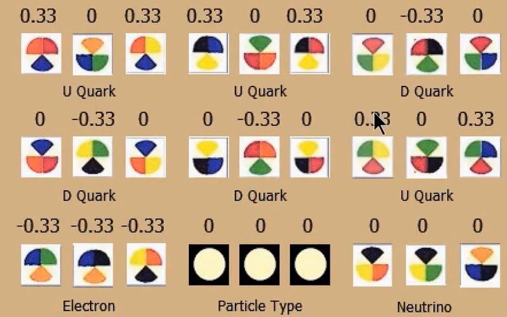Now, another configuration is the V, the T, and the V. We have 2 V's and only 1 T, and this is an anti-T, so the electric charge is minus 1/3, as it's supposed to be on the D quark. But again, we call these generic quarks. They're not the actual quarks that we will see built from these that compose the 3 generations.